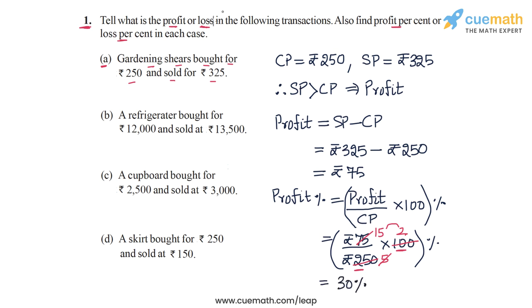So in part A, we have obtained the answer that a profit of rupees 75 has been made, and that means a profit percentage of 30%. Let's write this answer below part A. In part A, we have a profit and the profit is equal to rupees 75, and in percentage terms, this is 30%. So this is the answer for part A.